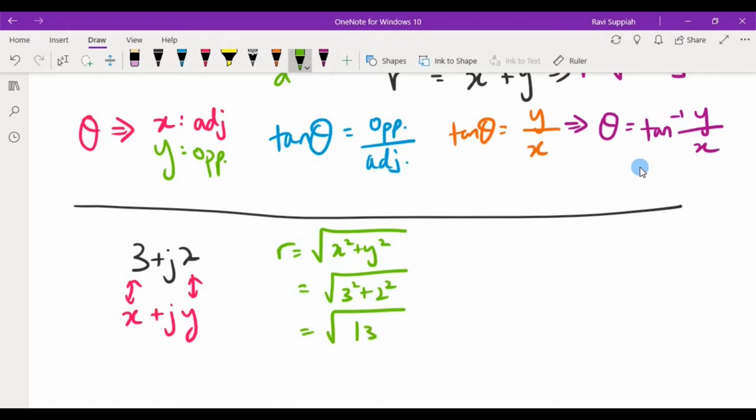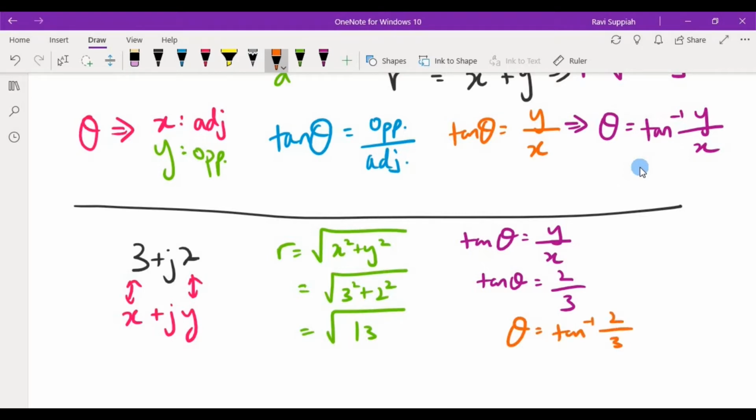For the angle, we can say that tangent theta is equal to y over x, which can be written as 2 over 3. So theta is equal to inverse tangent of 2 over 3. In your calculator you will see the trigo functions sine, cosine and tangent, and usually for those same buttons you have an inverse right on top of it.